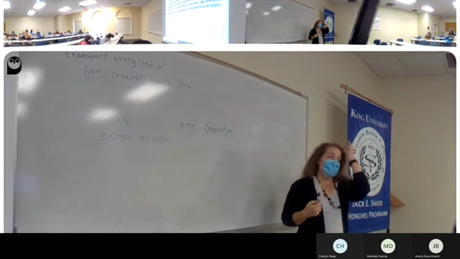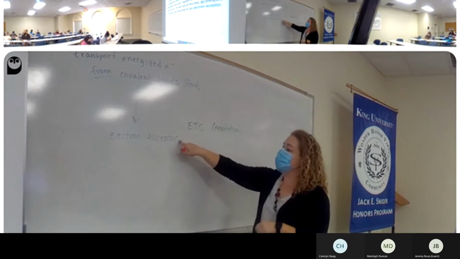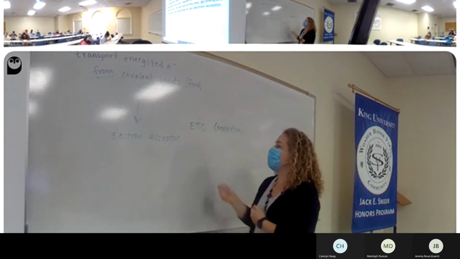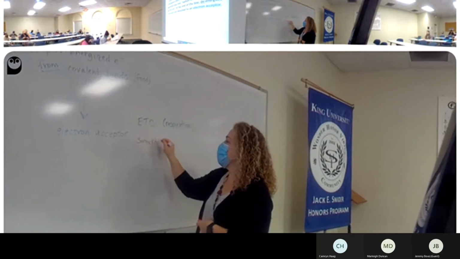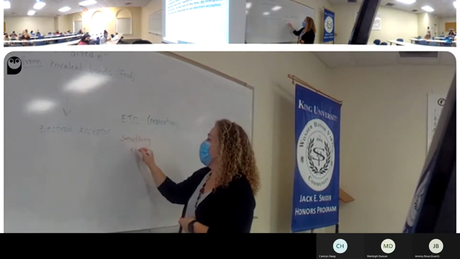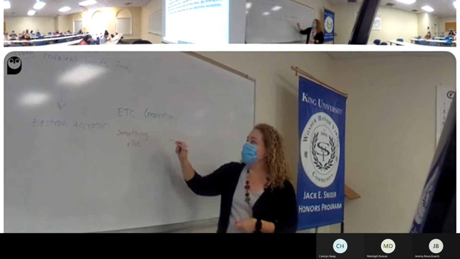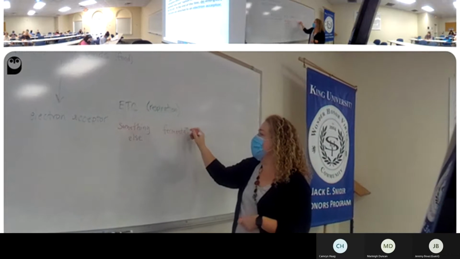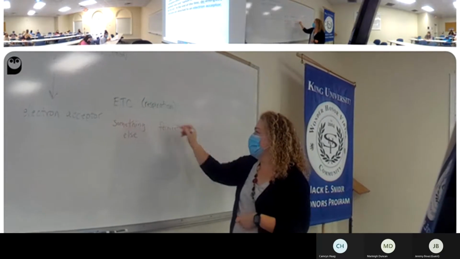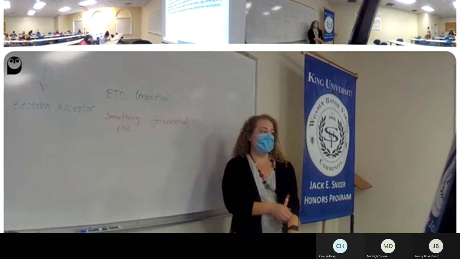That's the cellular respiration process. The other option is if the electron acceptor is something else. Something else that's not part of the electron transport chain. That's what fermentation is. That's what fermentation is in a chemical sense.